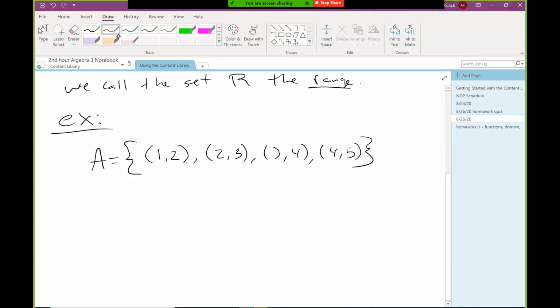If I asked you what the domain was for this relation, the domain we said was where the x values come from. So if I look at the x values, we'd say the domain then is the set 1, 2, 3, 4.